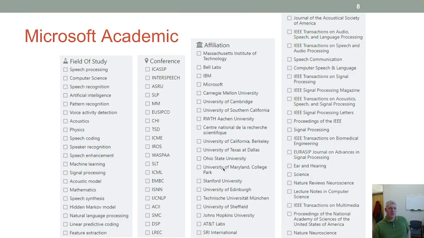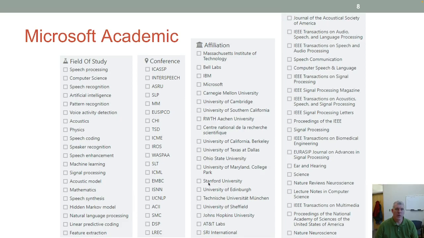Affiliations, these are kind of the institutions, many of which are universities, that are working in speech processing technologies. MIT, Carnegie Mellon, where one of our colleagues did his graduate work.